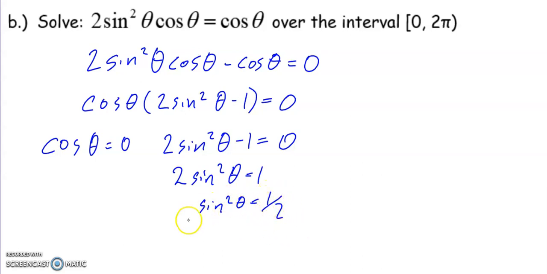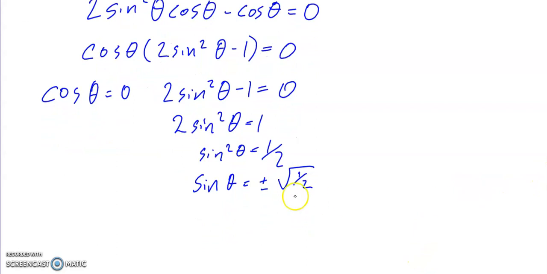Take the square root of both sides. So we are square rooting both top and bottom. So then we know the sine of theta is going to be both plus and minus radical 2 over 2.